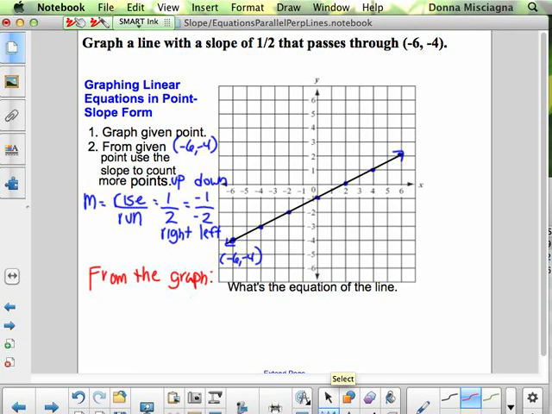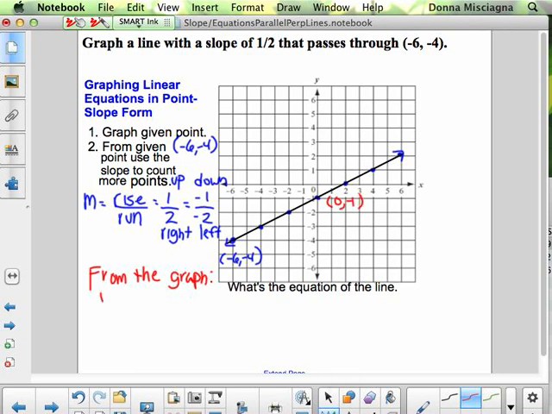And so that's one of the reasons why you want to wait to write the equation of the line. Graph it first. Use the point you're given, use the slope, graph it, and then write the equation of the line, because sometimes you'll be able to just write it in slope-intercept form. So the equation from the graph, we can see that the y-intercept is (0, -1).